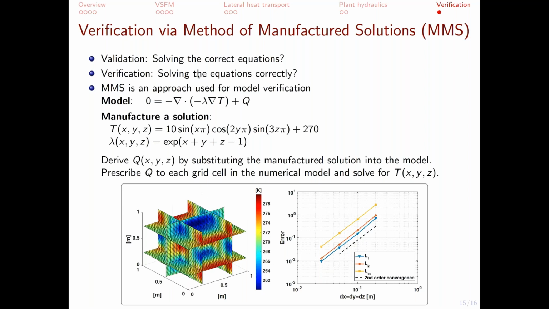And we do get a slope which corresponds to second order accuracy, and the model uses a second order accurate spatial discretization. So this is one approach of verifying the models.